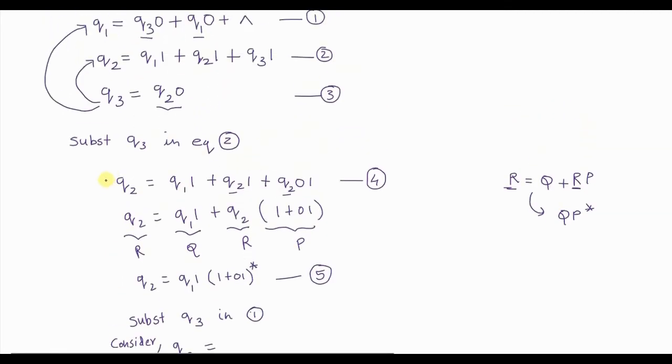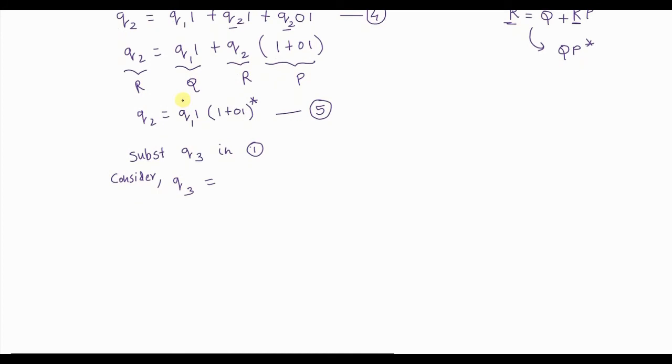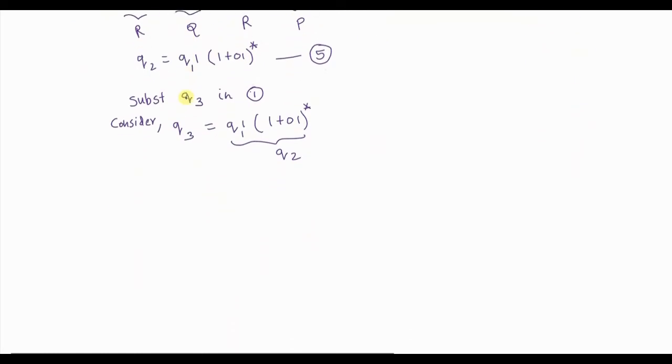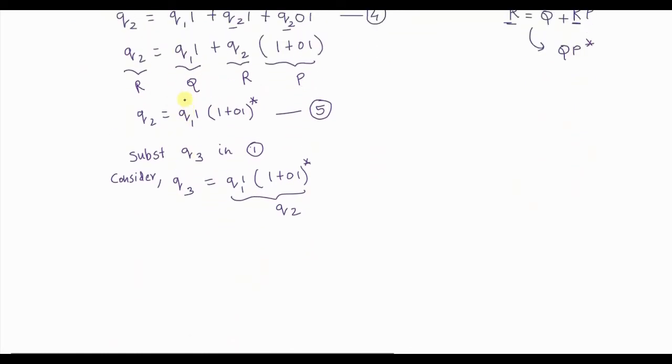Q3 was Q3 equal to Q2 0. Now that Q2 has been changed, what is Q3 now? The new value of Q3 will be the star. So this whole thing is the new value of Q2. So what is Q3? Q3 is Q2 followed by 0.